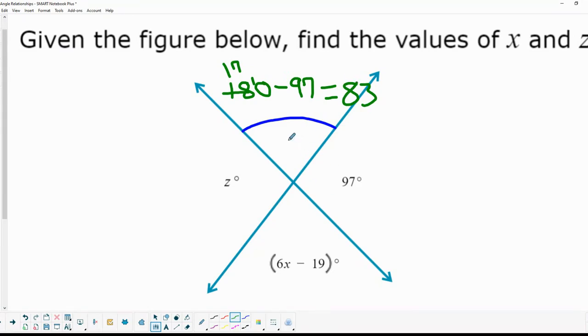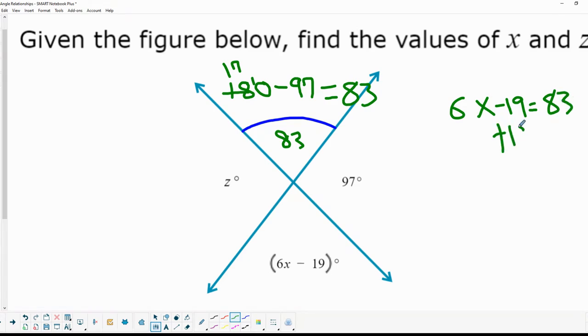So that's equal to 83. Now, if I set 6x minus 19 equal to 83, now I can solve for x and find its value.